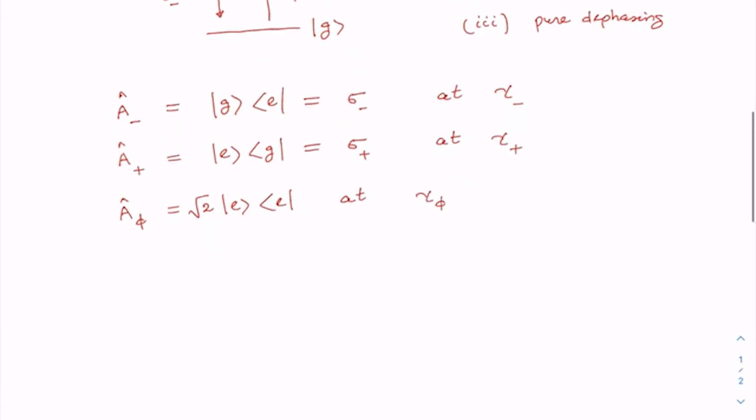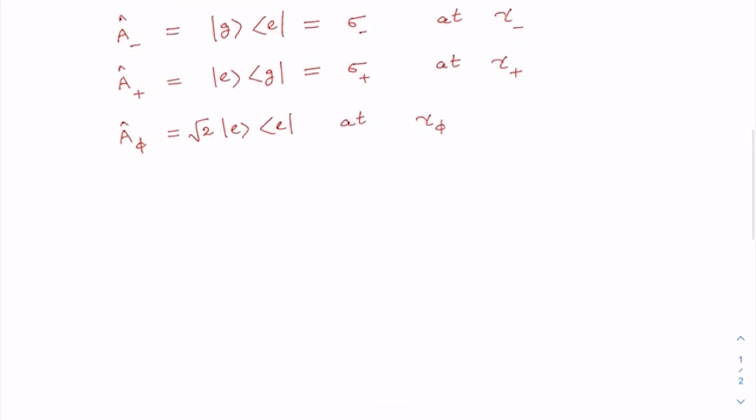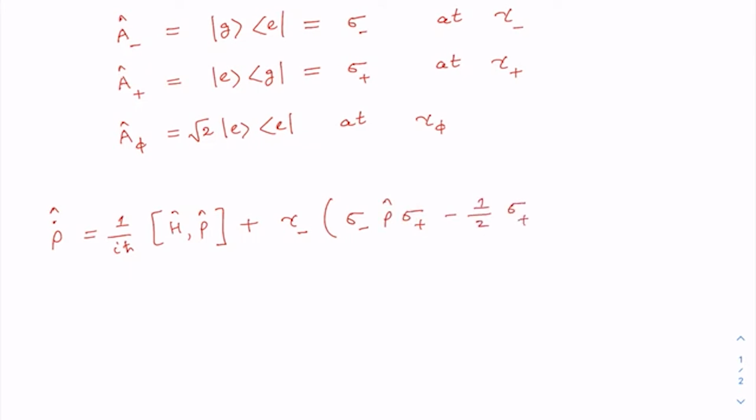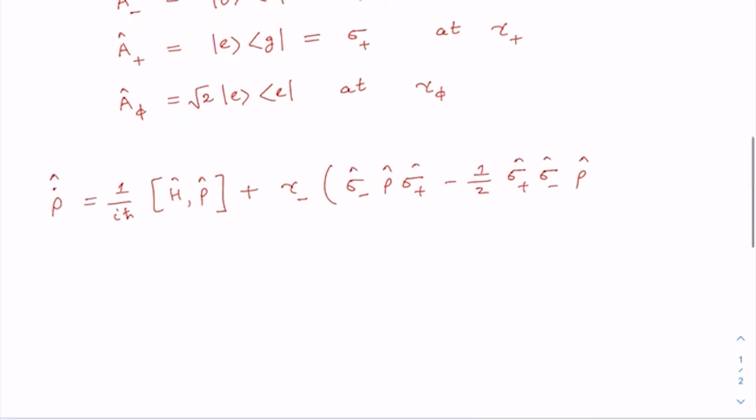Now incorporating all these things, we can write down the quantum master equation. So the master equation would be rho dot is equal to 1 by i h cross, H, rho. I will soon tell you what H, the Hamiltonian, is. And let me now put up all the processes here. For gamma minus, I can write sigma minus rho sigma plus minus half sigma plus sigma minus rho, all these are operators, and we have here minus half rho sigma plus sigma minus.